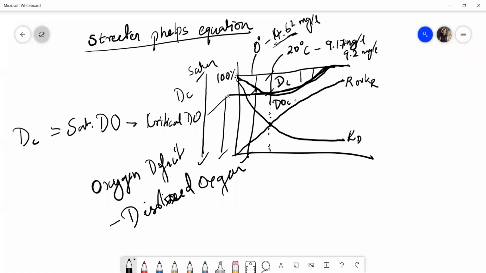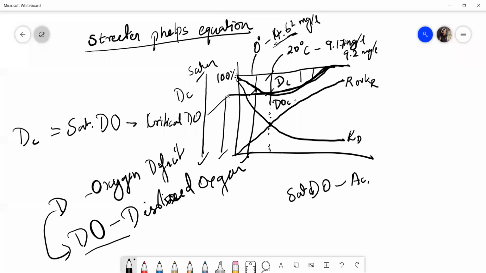Dissolved oxygen is always represented as DO, and oxygen deficit is represented as D. Oxygen deficit is the difference between the saturation DO and the actual DO, or mixed DO, whatever the DO is at that point.